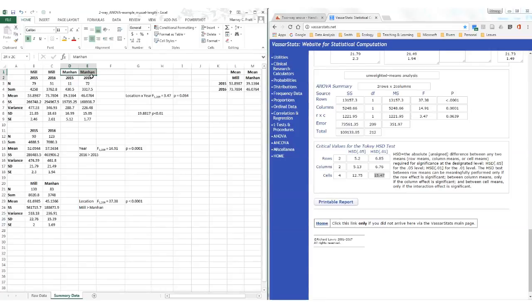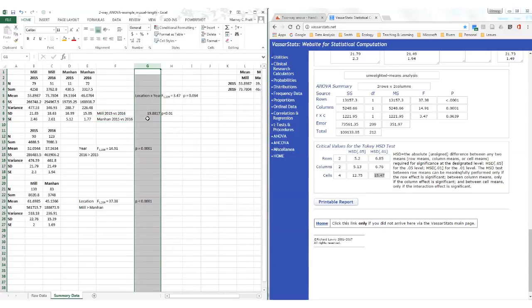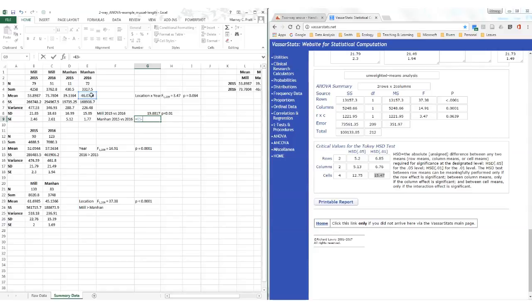Let's say we want to compare the Manhan between 2015 versus 2016. And here we're doing the Manhan. So now we're going to look at the difference between these two values.